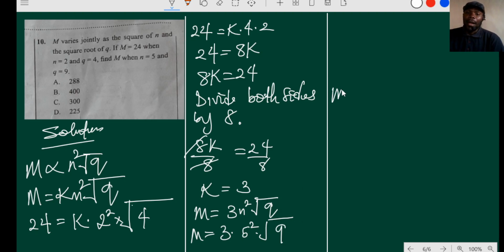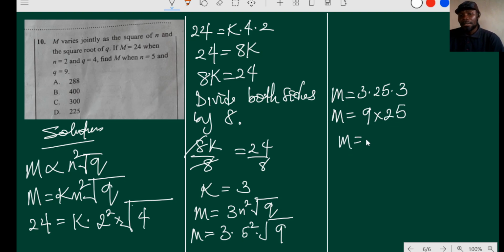So therefore our m is now equal to 3 times 25 dot 3. So m is equal to 9 times 25. So our m is equal to 225.